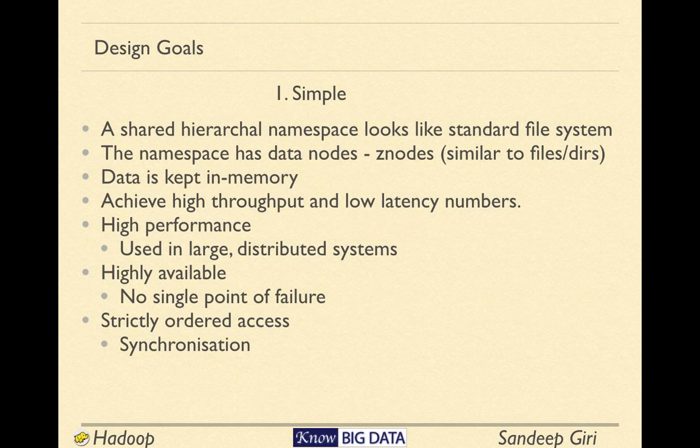This namespace has each folder called Znodes. Each node in this tree of a hierarchical namespace is called a Znode. Some people call it that way. Okay. Most of this data is kept in memory to achieve really fast turnaround time, high throughput and low latency.